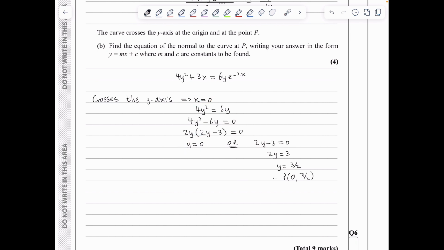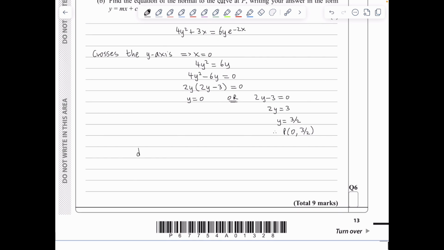I will proceed by evaluating dy/dx at this particular point. So when x is 0 and y is 3 over 2, this leads to 3 plus 12 times 3 over 2 times e to the 0 over 6e to the 0 minus 8 times 3 over 2, which gives an answer of minus 7 over 2.